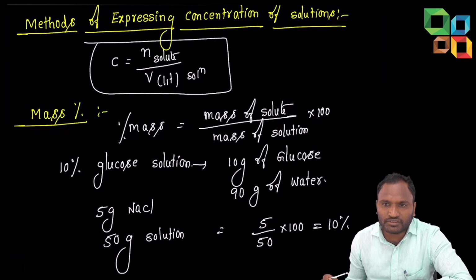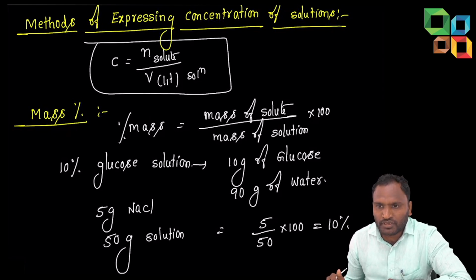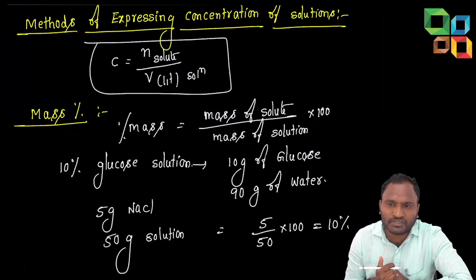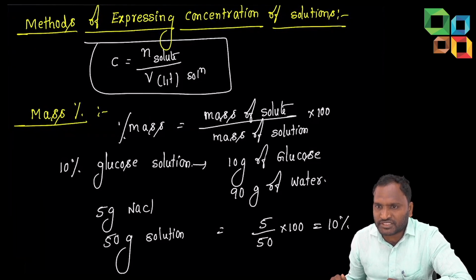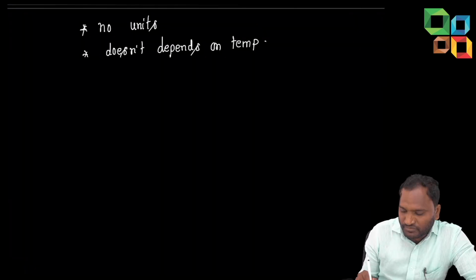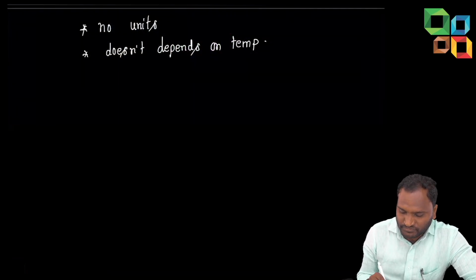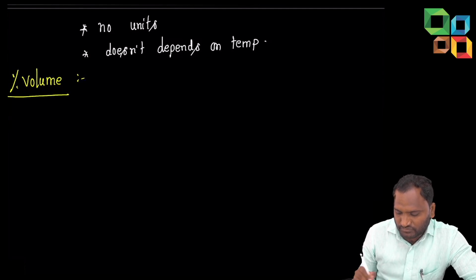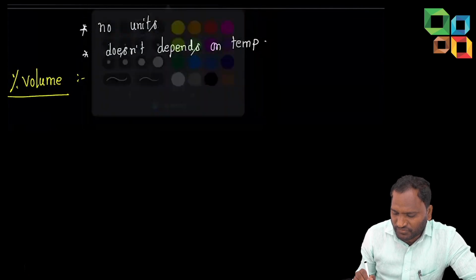Got it, students? Mass percentage. If you know mass percentage, volume percentage is the same, just instead of mass, we will write volume. Next one, volume percentage, or percentage of volume. Same formula, students.